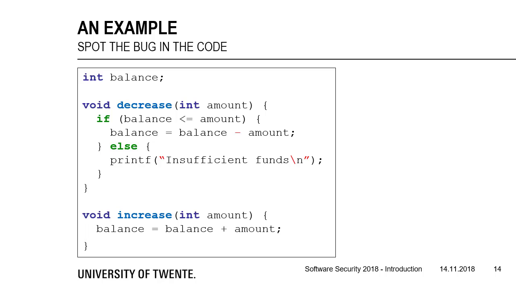Amount. No, it's an integer. Well, you can say, okay, amount is the amount of money in cents, so then integers are fine. Okay, what else is wrong?